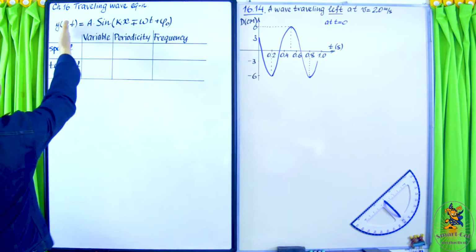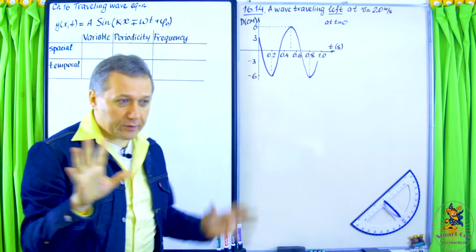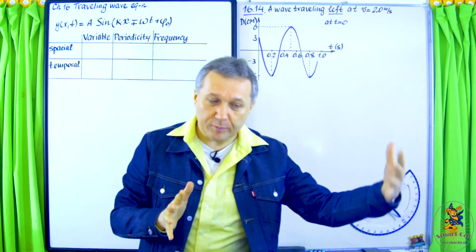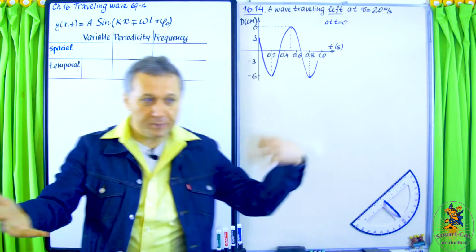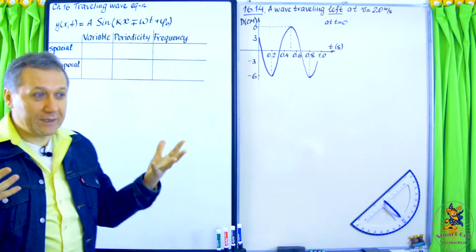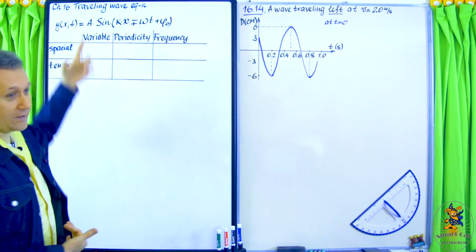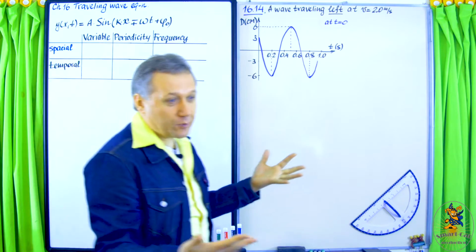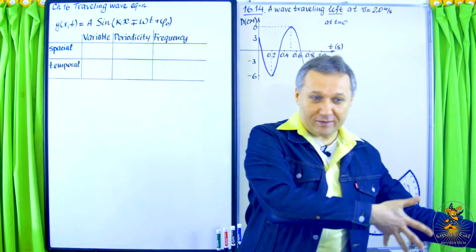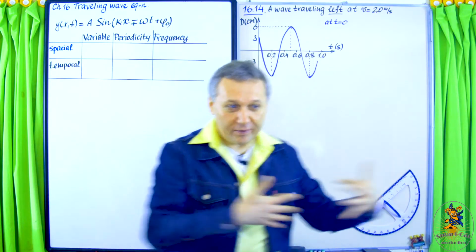Okay, now I can start filling up this table. I'm going to introduce plenty of different quantities, different parameters, and every time I will be adding whether it is spatial or temporal. Since a wave lives in both space and time, in x and t, there are two types of quantities describing the life of the wave, either in space or in time.